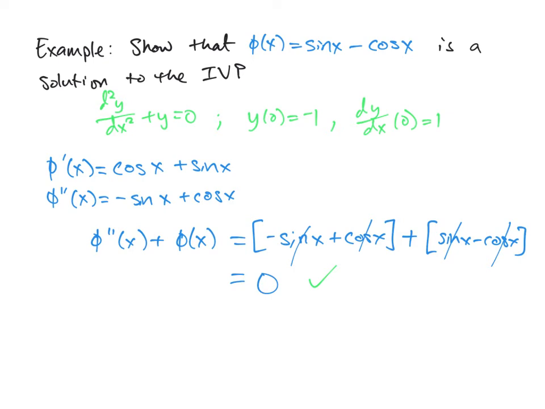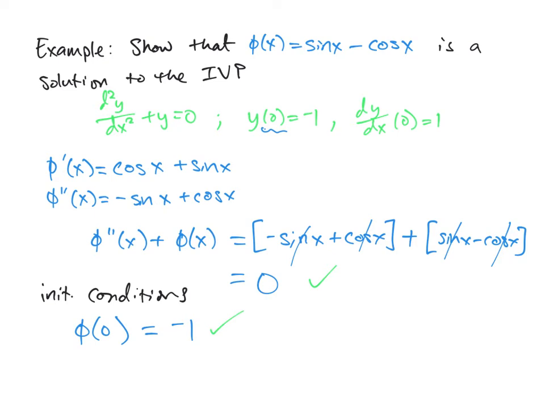The other thing is that we need to check the initial conditions. That's easy enough as well. We plug in phi of 0, because this is our x naught. Phi of 0 equals sine of 0 minus cosine of 0, which equals -1. So there's a check.